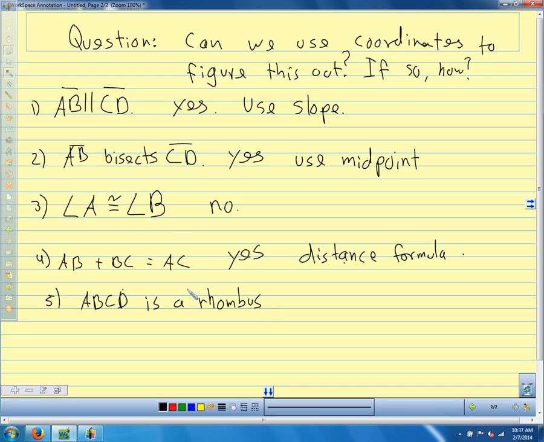Figuring out what kind of shape we have. So we're going to say yes on this one. So what would we need to do to figure out that a quadrilateral is a rhombus? What do we have to figure out about the sides? They have to be congruent, all congruent. So they have to be the same length. The sides are the same length, so we're going to use the distance formula.